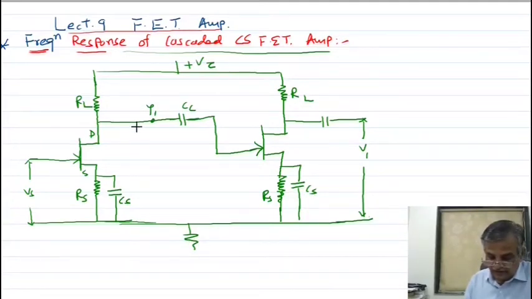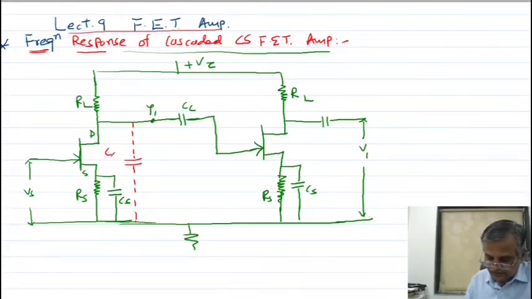Here I have to mention the junction capacitances. The reason is that I want to analyze this amplifier at mid frequency, at high frequency and low frequency. So here I will show one junction capacitance.